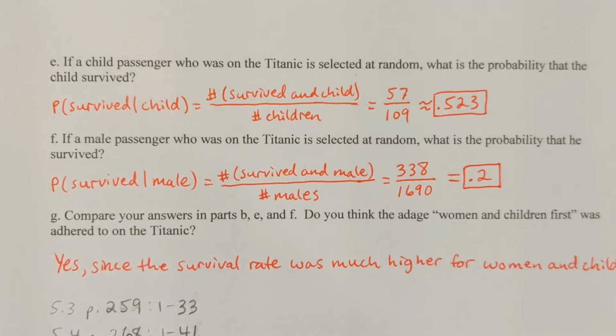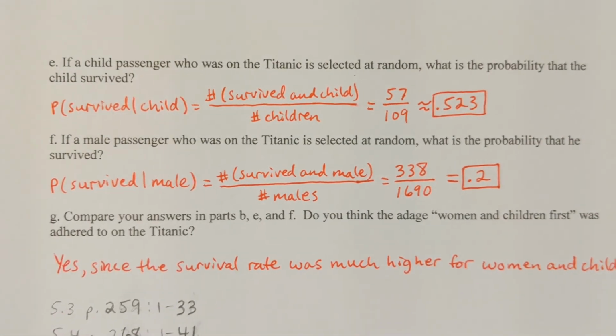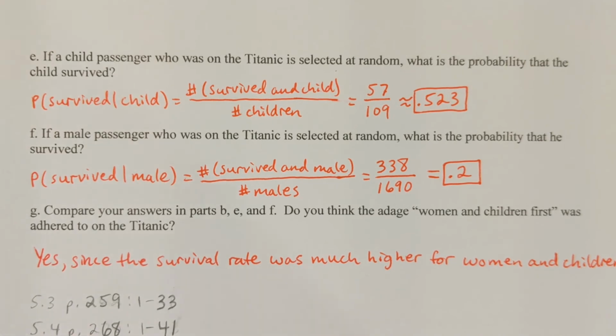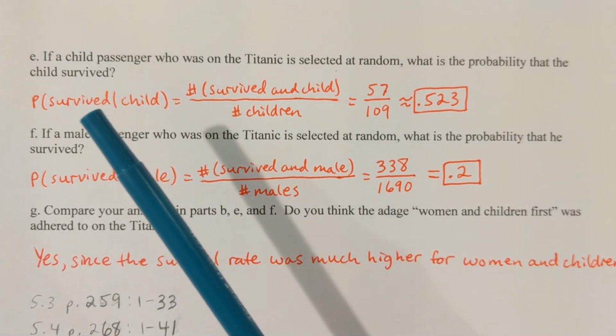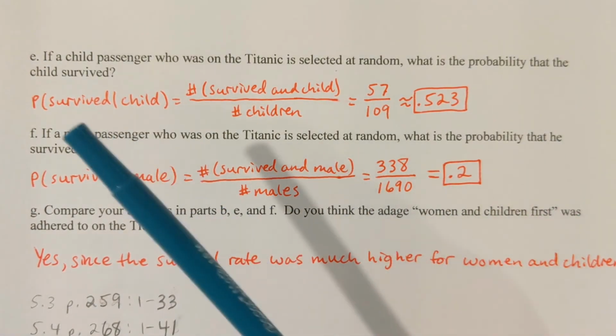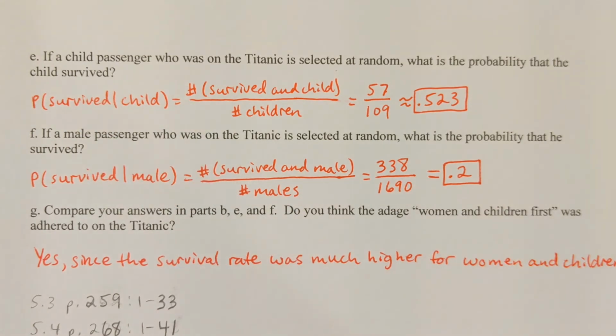Part E in this, if a child passenger who was on the Titanic is selected at random, what is the probability that the child survived? Okay, so we're only working with the children now, and we're going to pick one of them. We want to find the probability that the child survived.